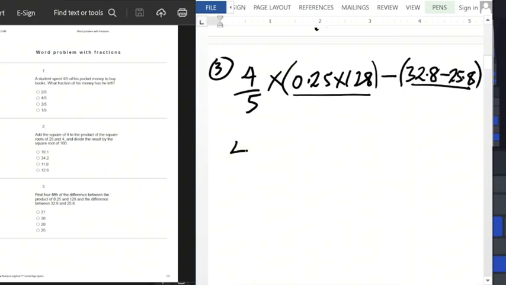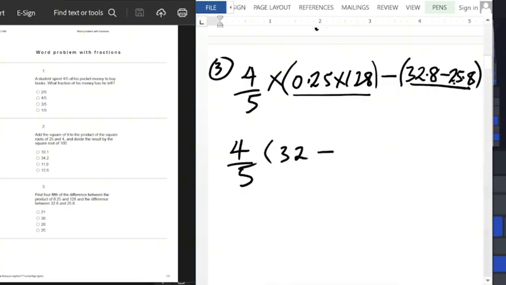So we're going to have 4/5. So we'll find this: 0.25 times 128 gives 32. So that is 32 minus.